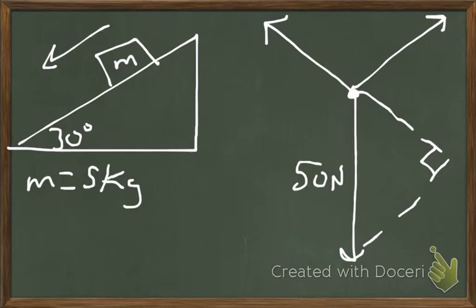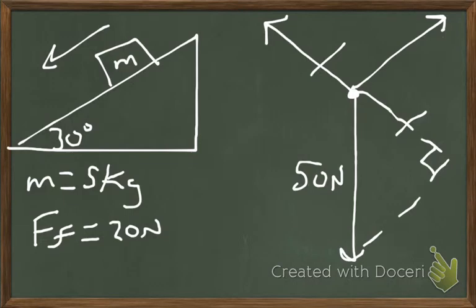We got 50 kilograms. That means we have the force of gravity is 50 newtons. We know that some of the forces will cancel here and some will not. Let's say we could measure this frictional force. Let's say we measured friction to be 20 newtons. And my question is, what's the net force going to be?